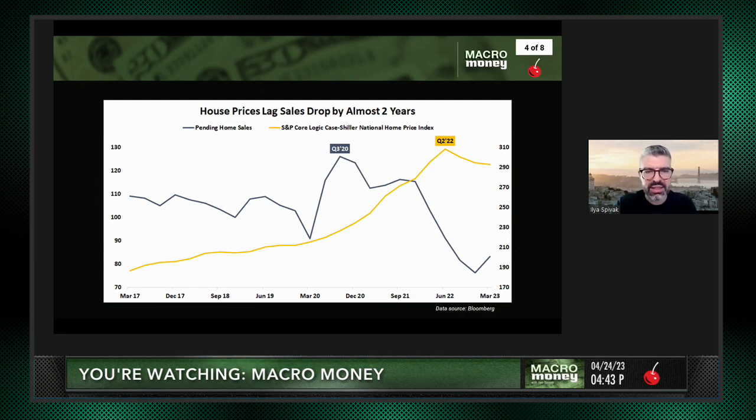So this, of course, is where things get really interesting. Housing is notoriously slow in terms of the price response to market conditions. And this is because, of course, it takes a really long time to buy and sell a home. It's not as straightforward as buying or selling a stock, which you can, of course, do at a click.